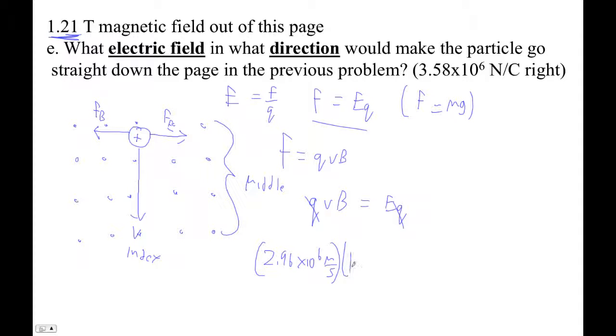The magnetic field is 1.21 Teslas, and then let's just multiply 2.96 times 1.21, which is 3.58 times 10 to the 6th newtons per coulomb.